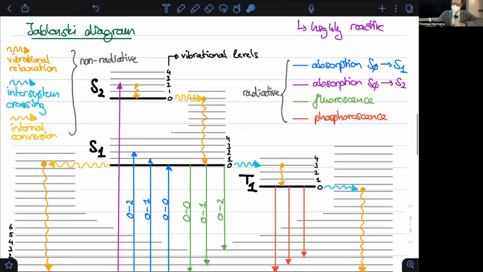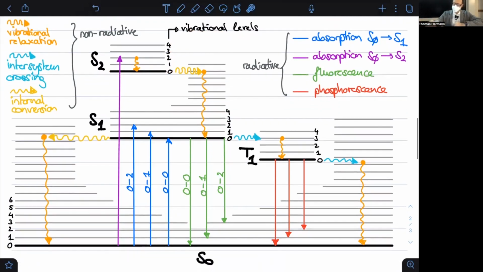Okay, so we have these vibrational levels, and they have numbers: 0, 1, 2, 3, 4, 0, 1, 2, 3, 4, 5, 6, as many as you want. And you can see here, that's why I drew this thing like this, that the very high vibrational levels of the ground state can actually go as high as the excited states.